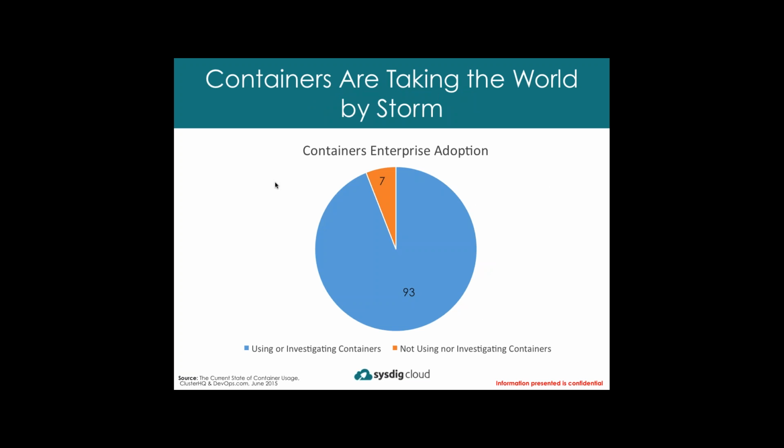This survey is a little dated at this point, from last summer, but it concluded that the vast majority of enterprises are at least investigating the use of containers. Now I think the number of organizations using containers in production is actually a lot lower than this, but that's partly why we're here, to help enable that transition.